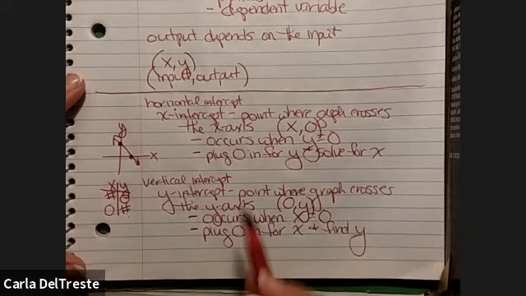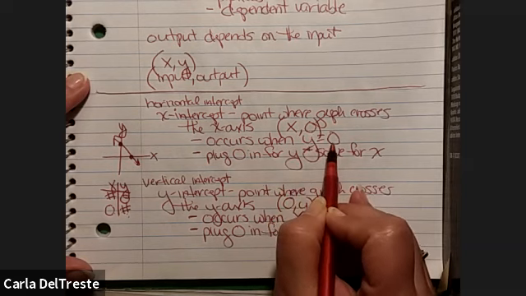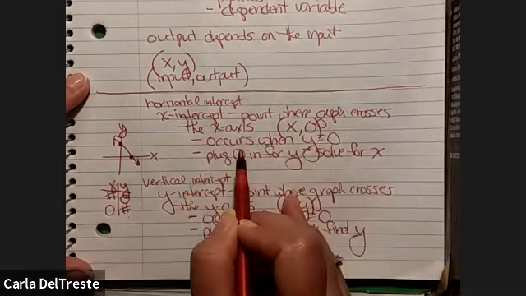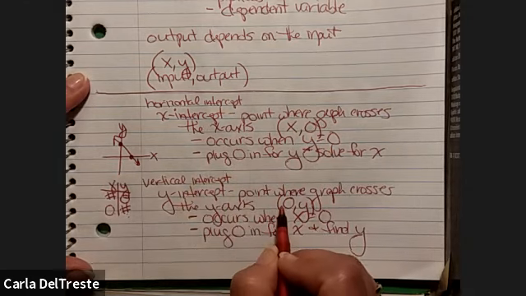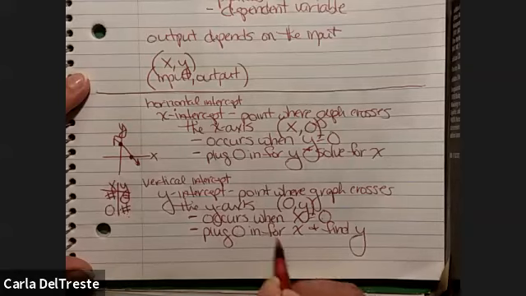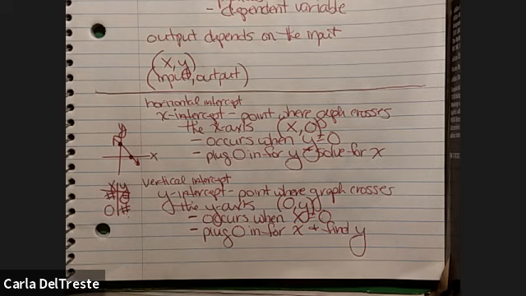And these all stem from each other. The output is 0, so I'm plugging in 0 for the output. Here, the input is 0, so I'm plugging 0 in for the input. They are all connected. It's just three different lenses through which to look at them.